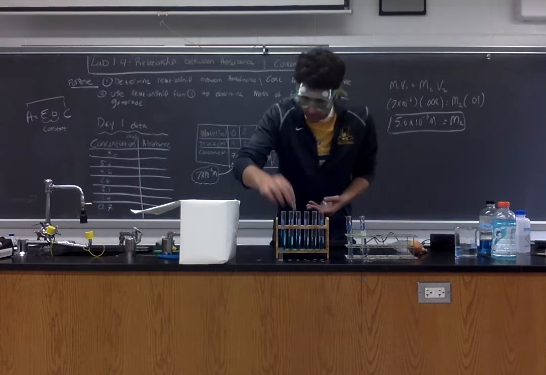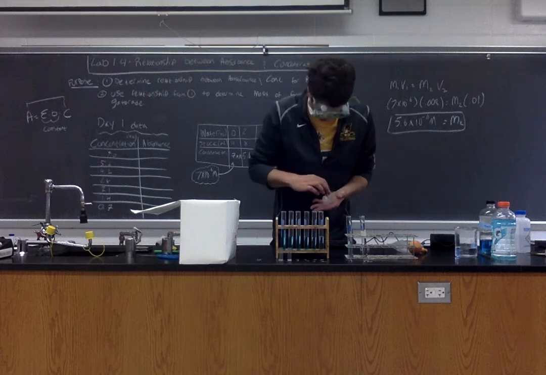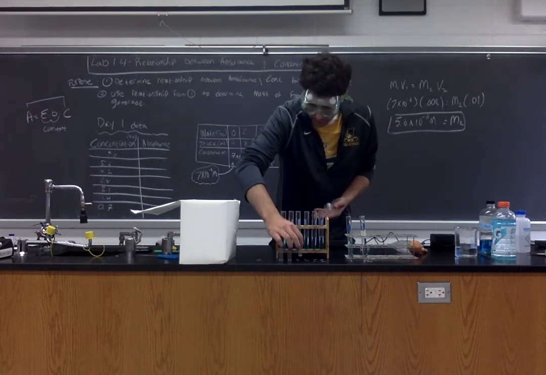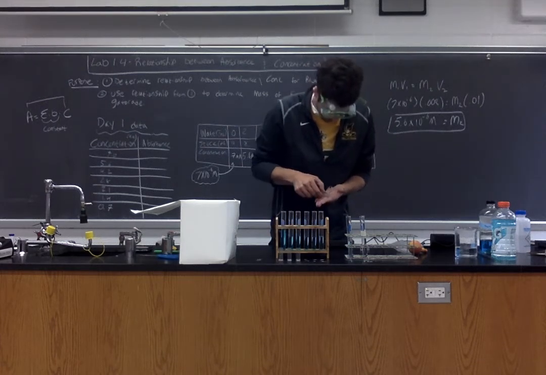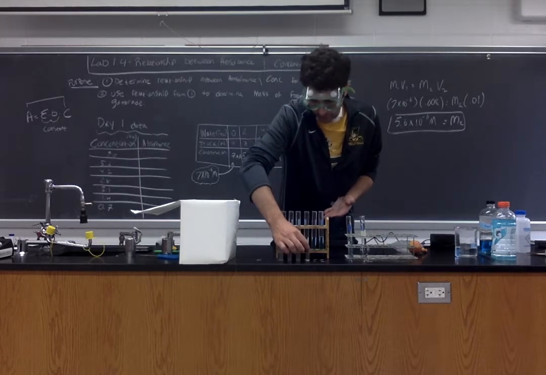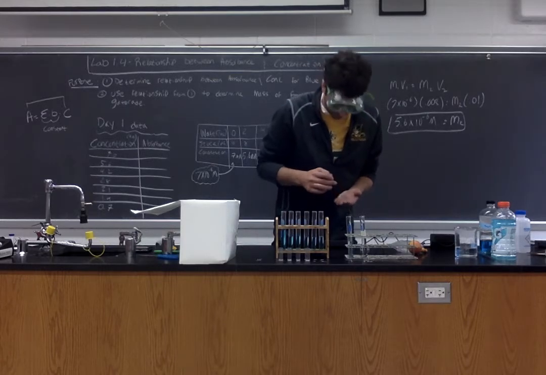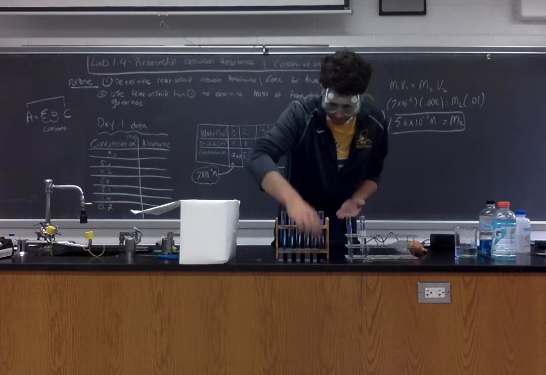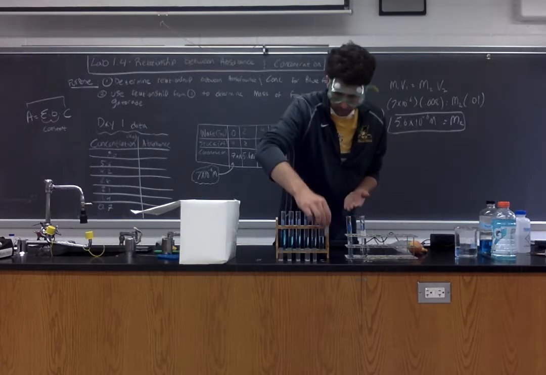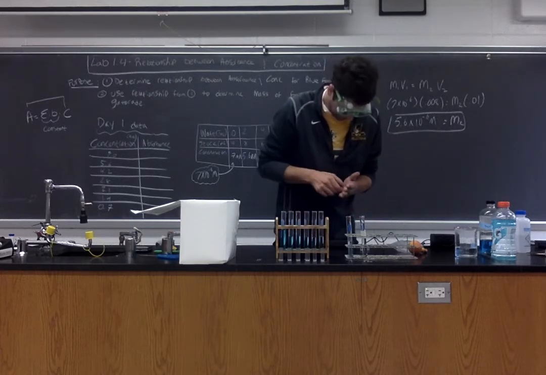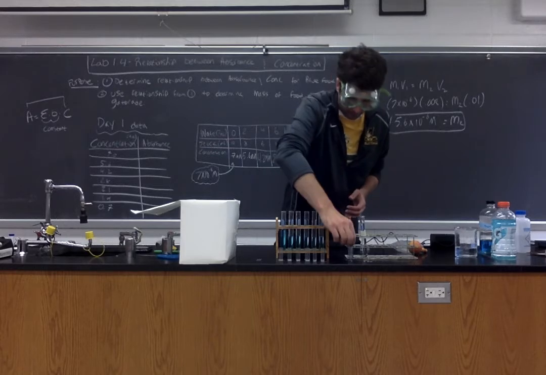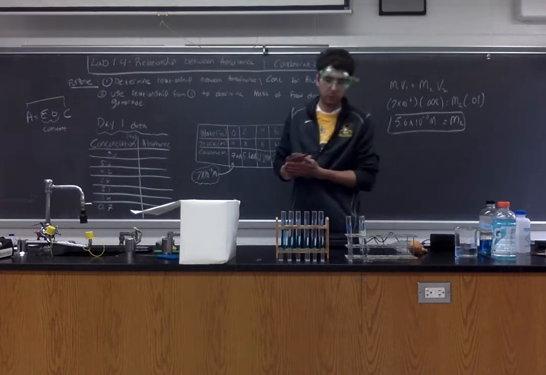So what we are going to do, ladies and gentlemen, is transfer a small amount of each solution into what I am laying on the front desk right now. What I'm laying on the front desk right now are known as cuvettes. These are small pieces of plastic that will fit inside the colorimeter, allowing us to get absorbance data.